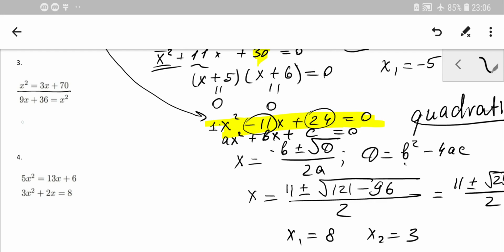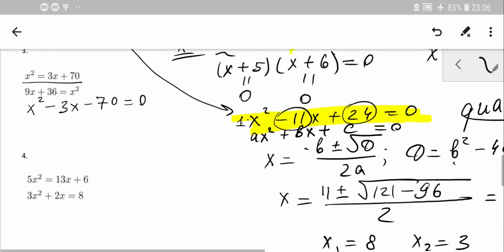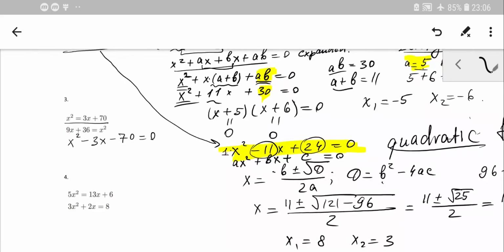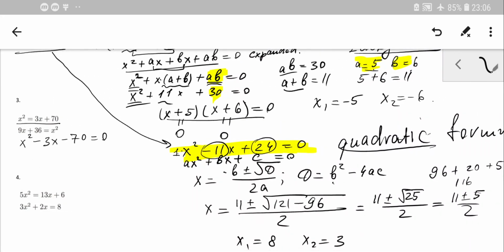x squared minus 3x minus 70. What I'm going to do is first rearrange it: x squared minus 3x minus 70 equals 0. And now I'm thinking about how to factorize, how to make this expression into something similar to what we've got here.